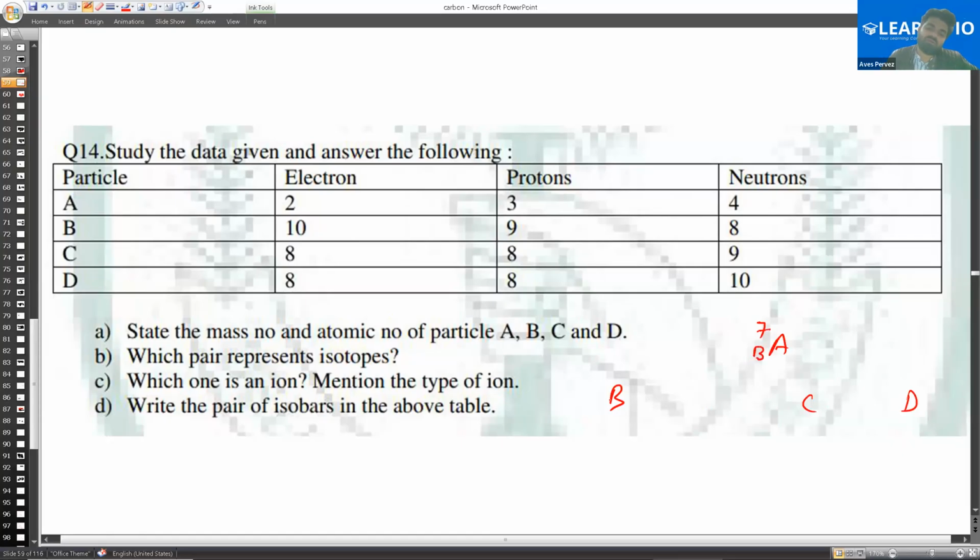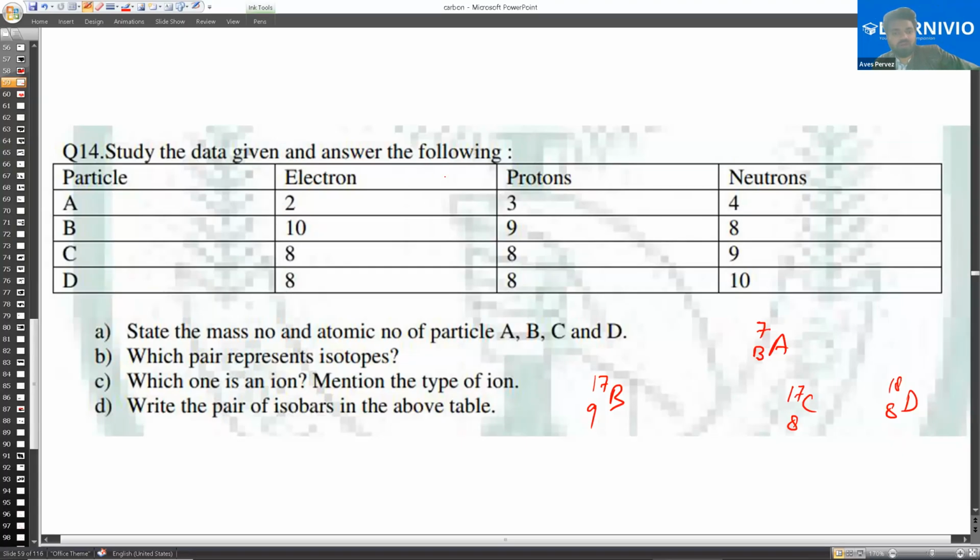For B, it's atomic mass 17 and atomic number 9. For the other, atomic mass 17 and atomic number 8. And this one, atomic mass 18 and atomic number 8.